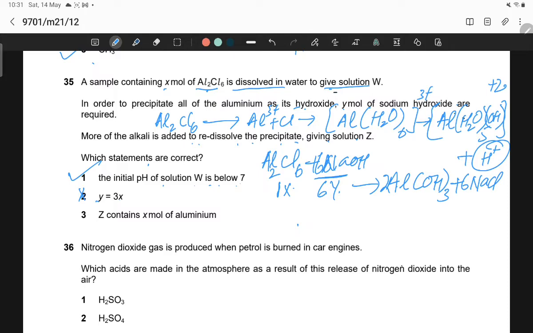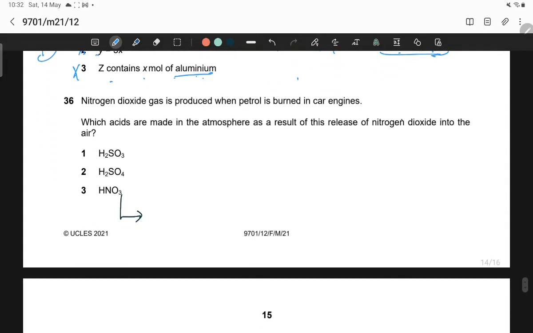If 2 is incorrect, then 3 is also incorrect because there is no option for having 1 and 3. Z contains x mole of aluminium? What is Z? Giving solution aluminium hydroxide contains not x mole of aluminium. This is aluminium hydroxide. This is also incorrect. So D is the correct option if 1 is correct only.